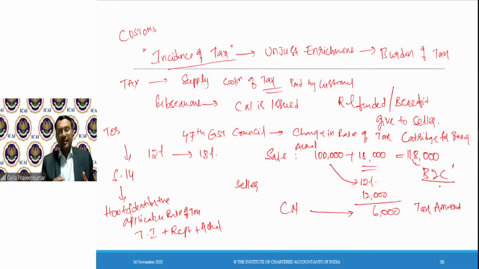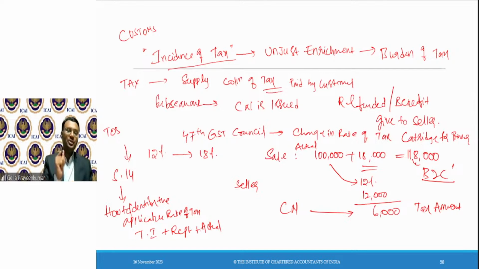For a moment, let's assume that Rahim went to the market, he purchased a cartridge for his particular printing press. Rahim is not registered under GST. So Rahim paid 1,18,000, he got the cartridge, he came back to his office. Now this seller, who happens to be a cartridge dealer, when he issues a credit note, you and I as chartered accountants will say, look, you have collected 18,000 from the customer, you paid that 18,000 to the government.